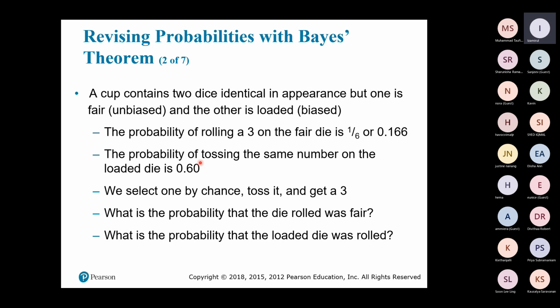0.6 tu maksudnya 60%. 60% peluang awak untuk dapat nombor 3.